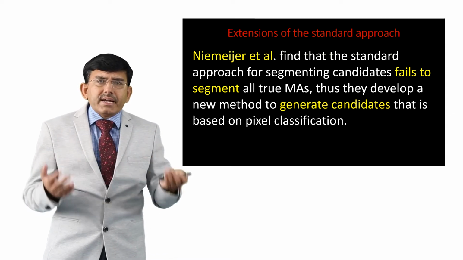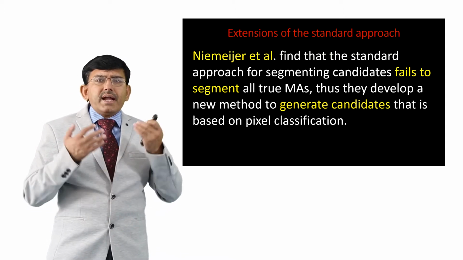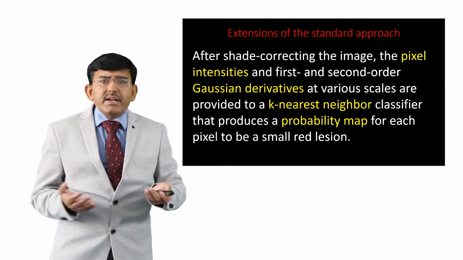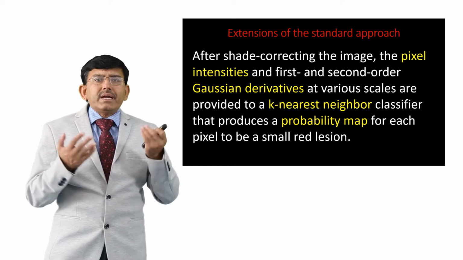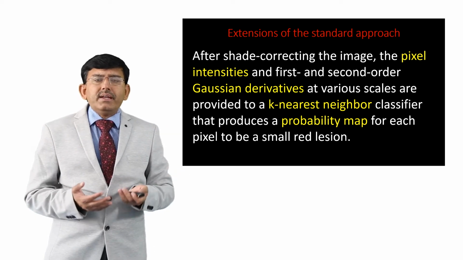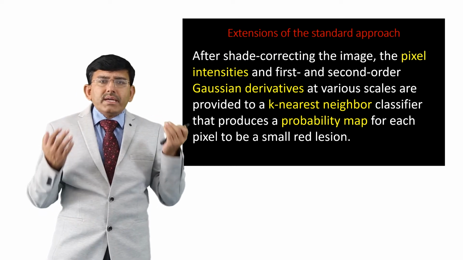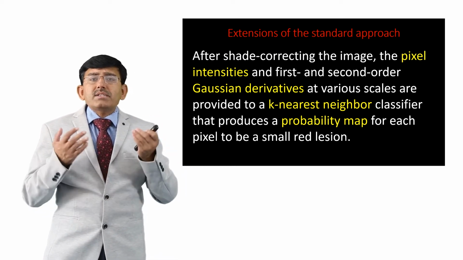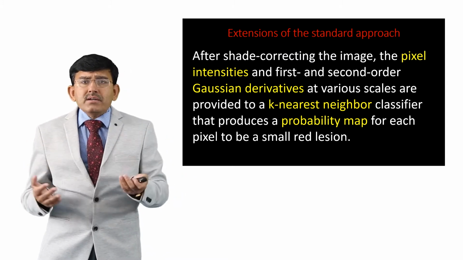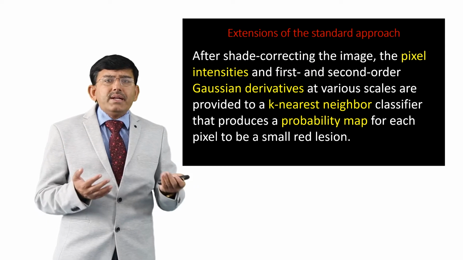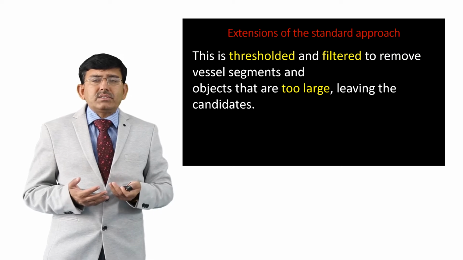After shade correcting the image, pixel intensities and first and second order Gaussian derivatives at various scales are provided to a k nearest neighbor classifier that produces a probability map for each pixel to be a small red lesion. This is thresholded and filtered to remove vessel segments and objects that are too large, leaving the candidates.